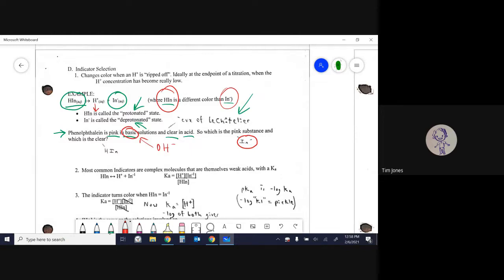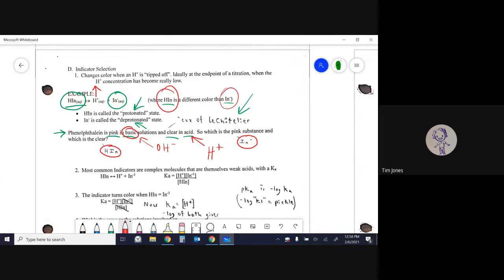It's clear in an acid. Well, of course, in an acid you've got a lot of H plus. That's what acids do. If you've got a lot of H plus, the H plus will go up. That will push equilibrium to the left, and that means it's the acid version.